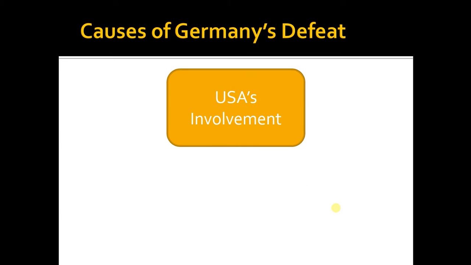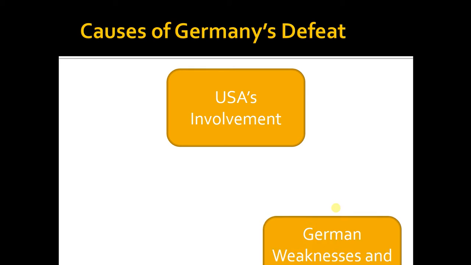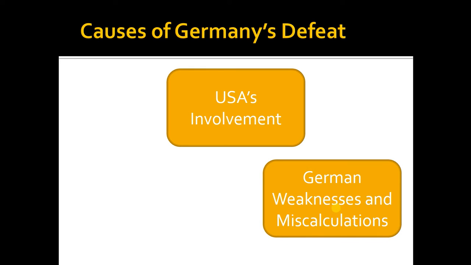Just to give you a brief summary, there were three main causes for Germany's defeat in World War II. Firstly, as we talked about, it was due to the USA's involvement. It was also due to German weaknesses and miscalculations, something that we'll deal with later on.